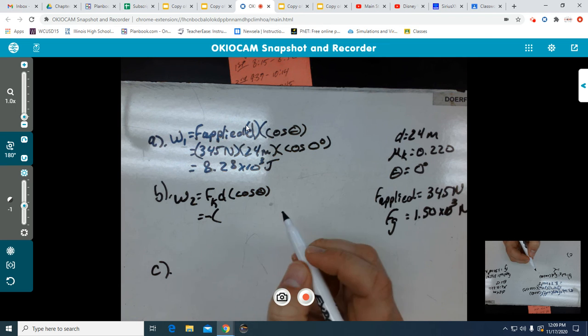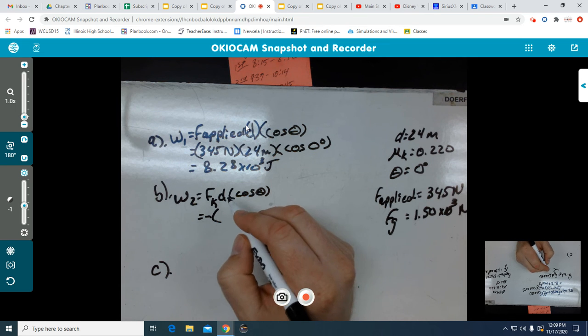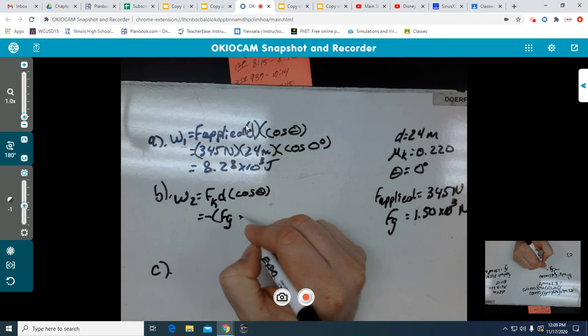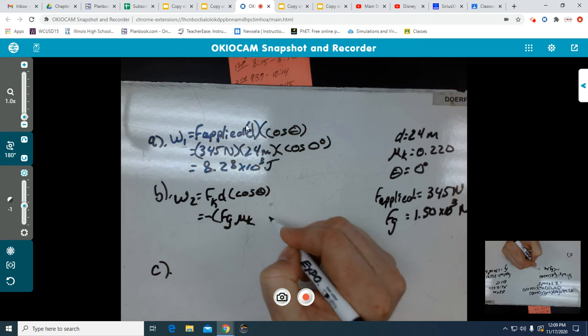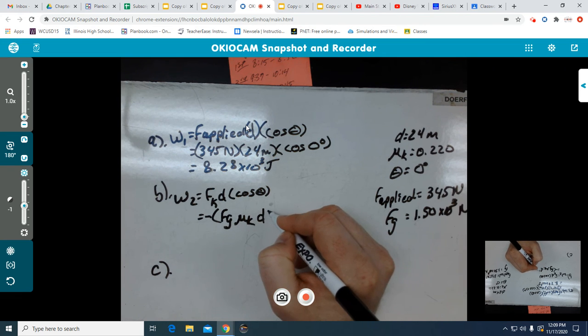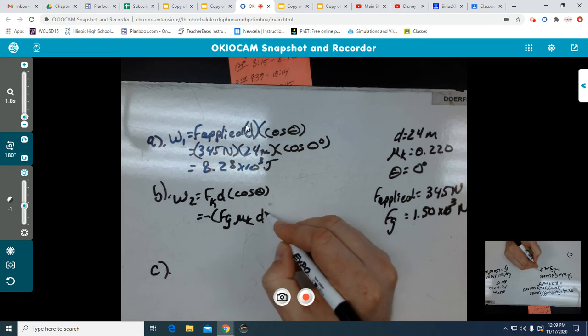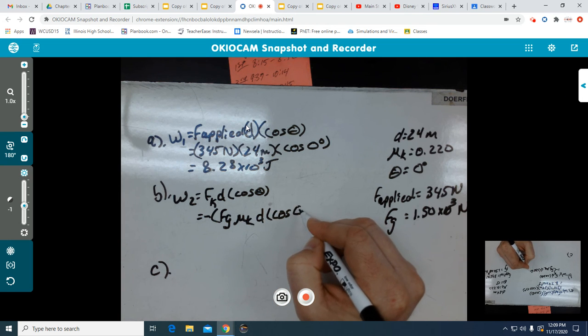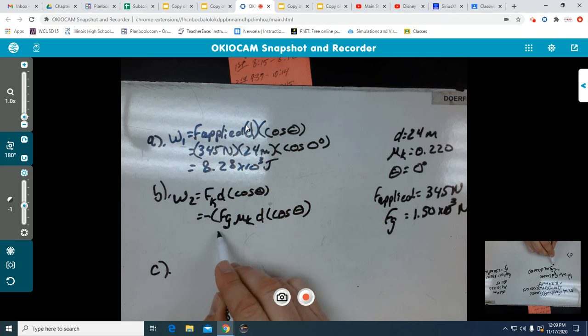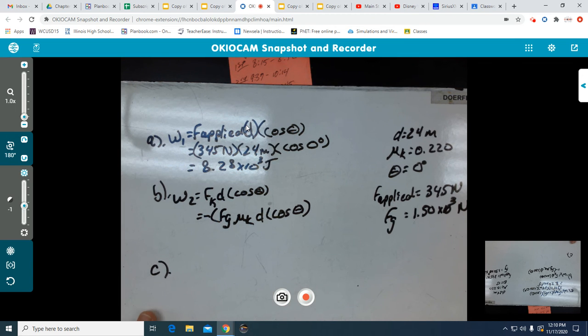So it gets a negative sign. And this equals Fg times mu k times d times cosine of theta. Now, if you ask yourself where this Fg times mu k comes from, well, it comes from the previous chapter, chapter 4, when we were looking at how we calculated the coefficients.